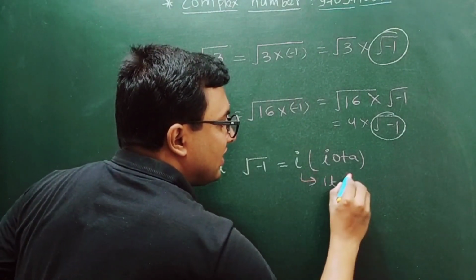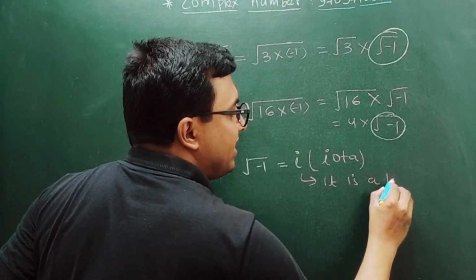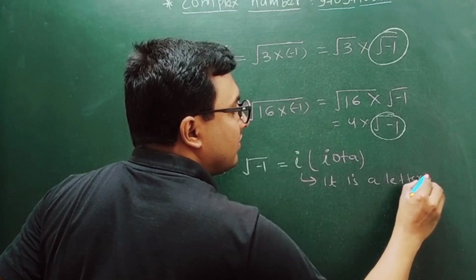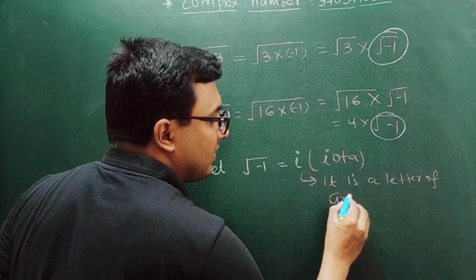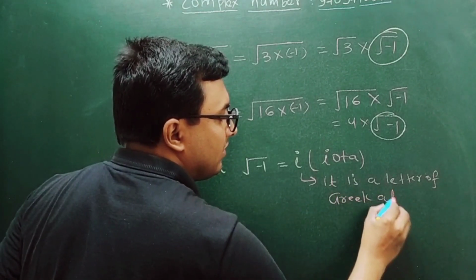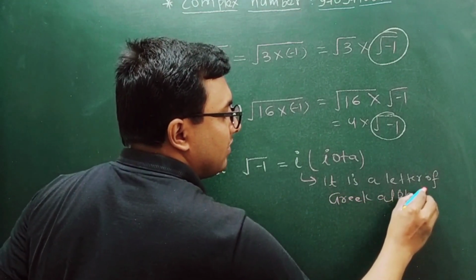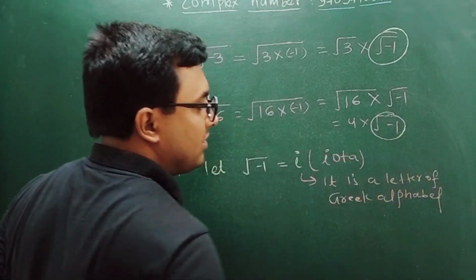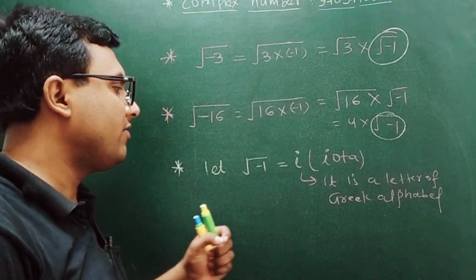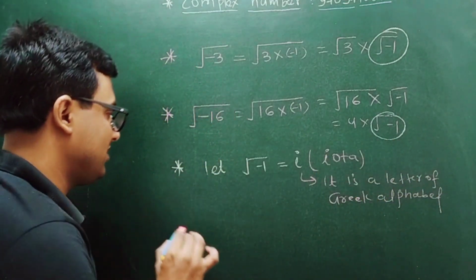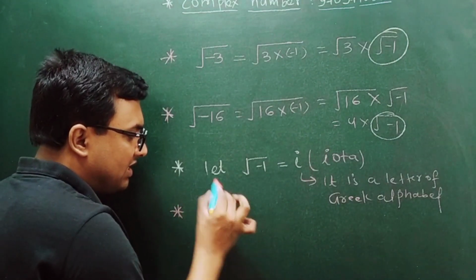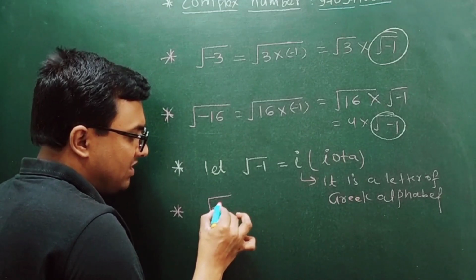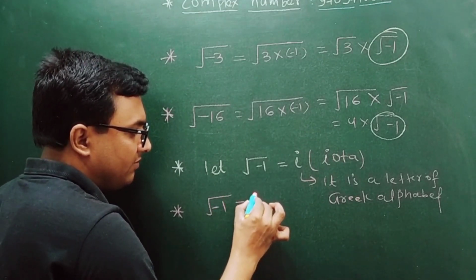It is a letter of the Greek alphabet. So remember, root under minus 1 is equal to iota.